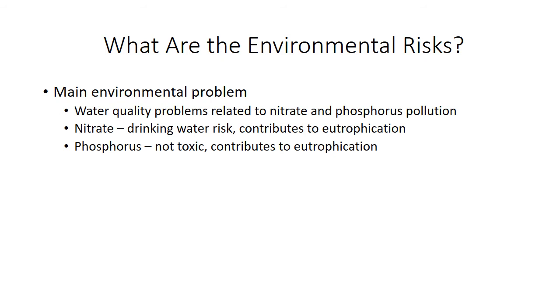Nitrate poses a drinking water risk, and it can contribute to eutrophication. In freshwater, it's not the primary cause of eutrophication generally, but it can contribute to it. And nitrate is also the leading cause of eutrophication in oceans.